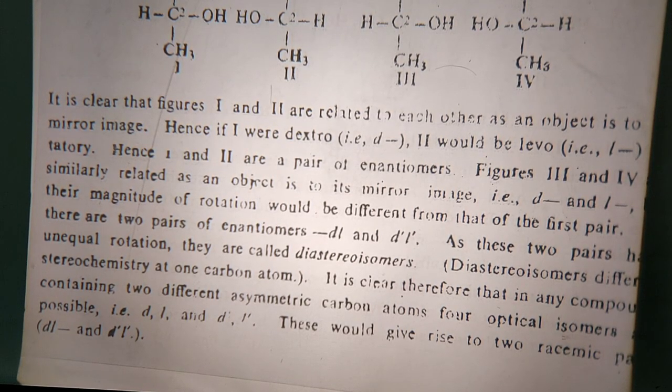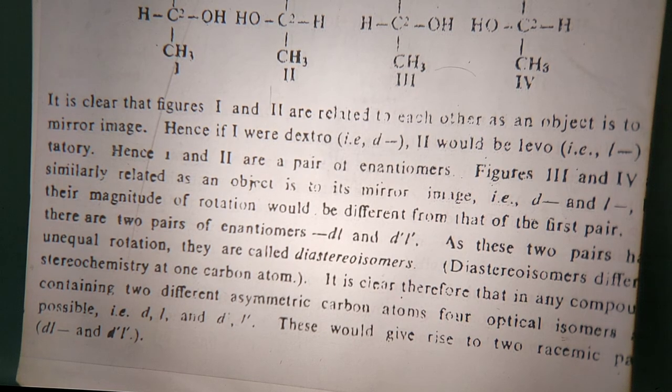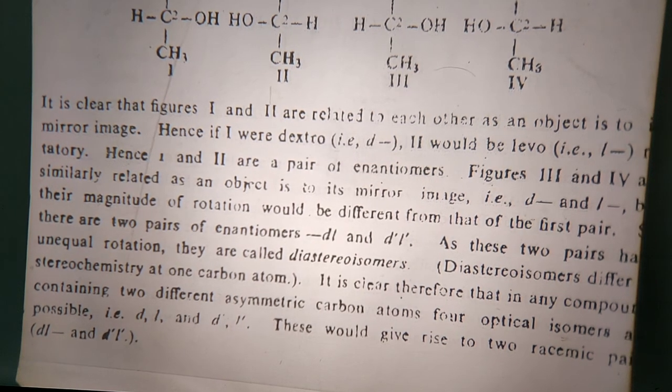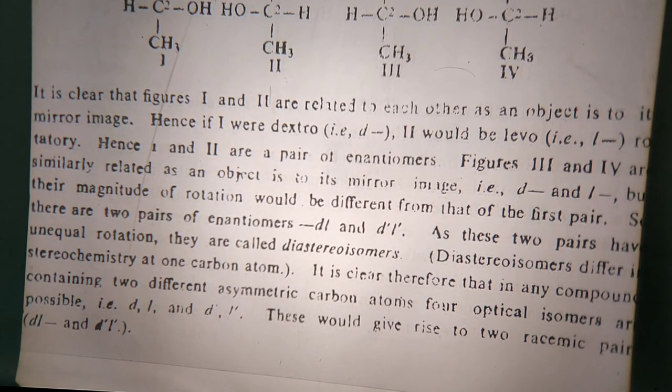Can you answer it? An optically inactive compound would be there. But now the thing is quite different. Herein, one isomer pair is moving to the left, one is moving towards the right, but not equally, not 50-50. So that is why they are different, with unequal rotation.